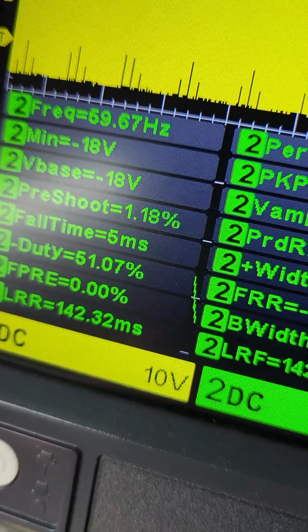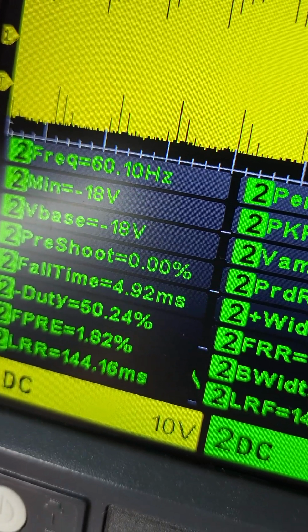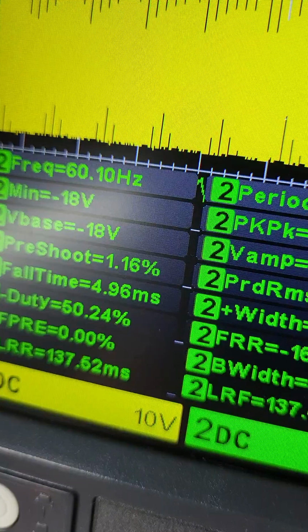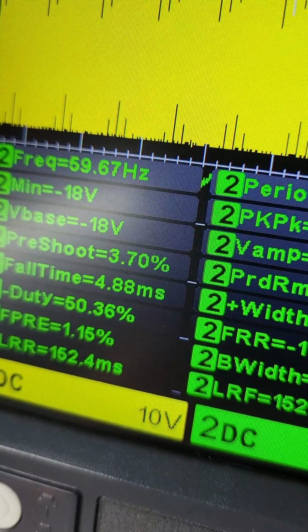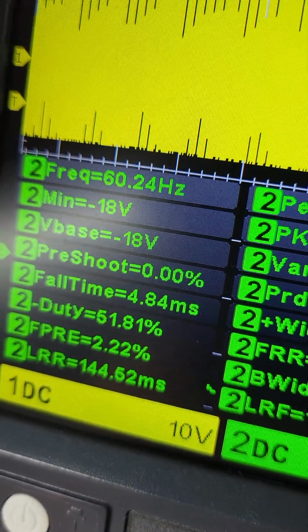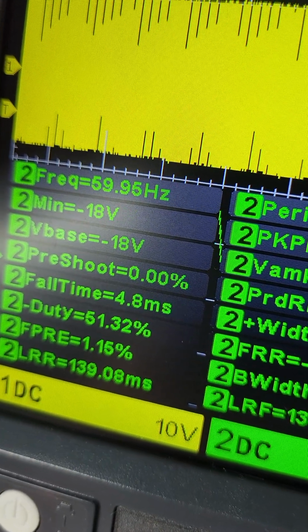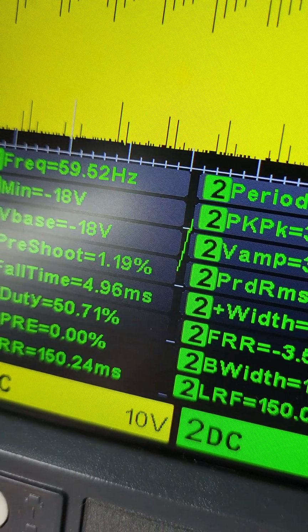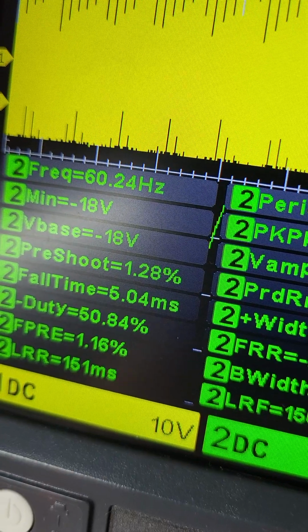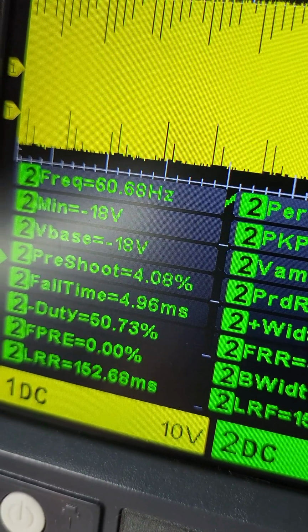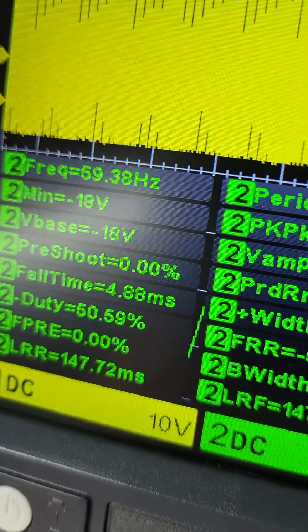Okay, so that's the standard frequency for the household supply, 60 hertz. It's fluctuating a little bit, 59 something to 60 point something, but the actual frequency rating is 60 hertz.